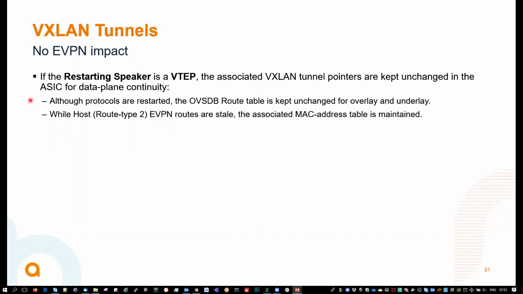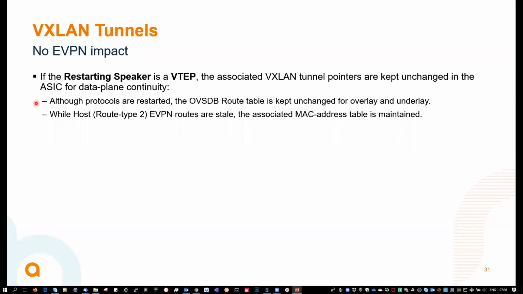Although all the underlying protocols, let's say if OSPF is used as underlay, would also get restarted along with BGP, the route table will be kept unchanged for both underlay and overlay. While the host routes, the route type 2 EVPN routes, are marked as stale, the associated MAC address table is maintained.